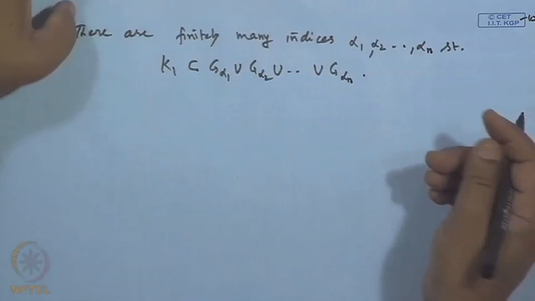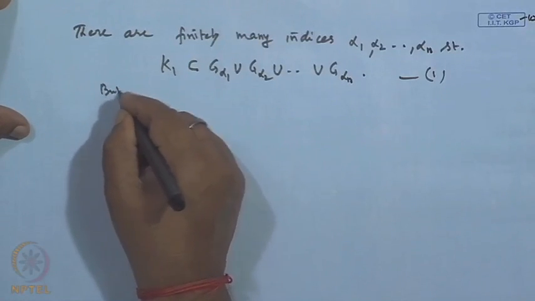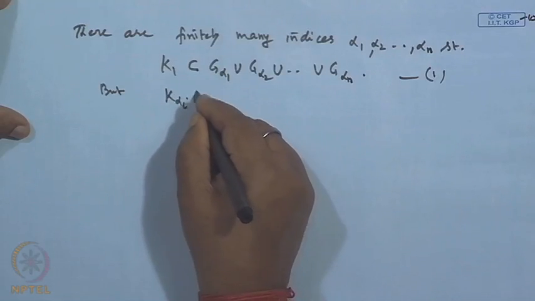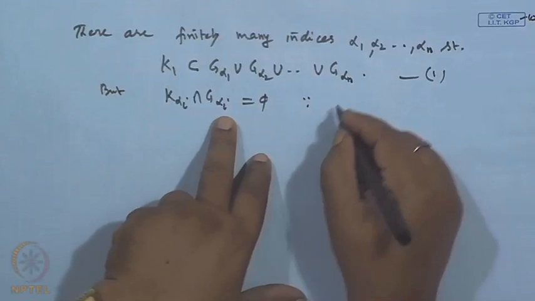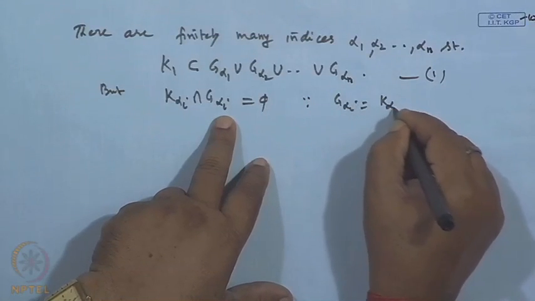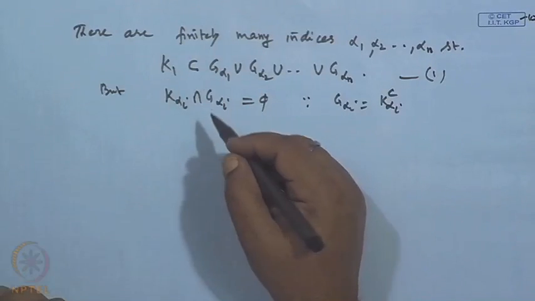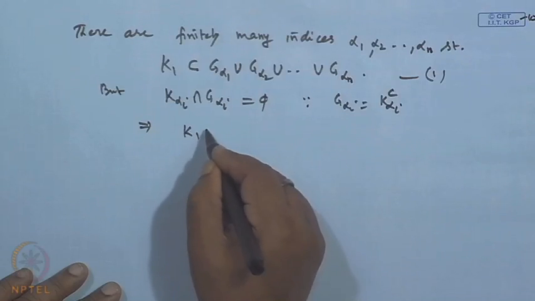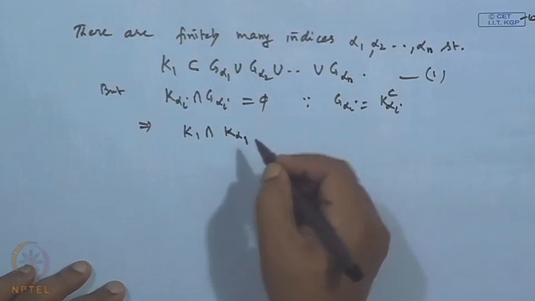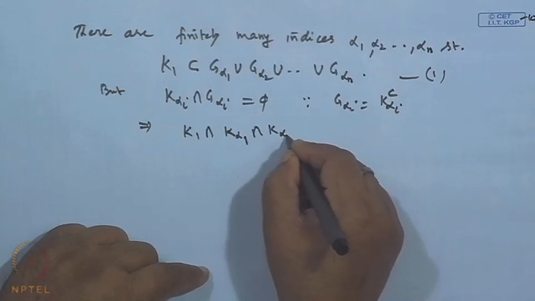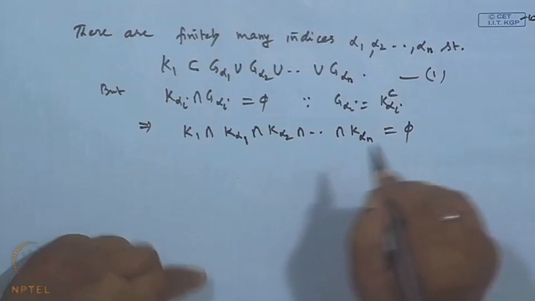Now, K alpha i intersection G alpha i is empty, because G alpha i is taken as the complement of K alpha i. So, this implies K1 intersection K alpha 1 intersection K alpha 2 intersection ... intersection K alpha n will be the empty set.